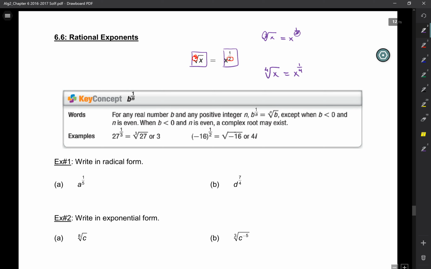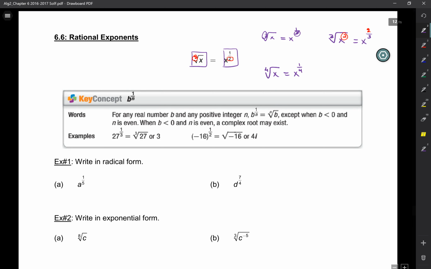Now, what if you had another power? So what if you had the cube root of x squared? Now, it's x to the power of something over something. Now, what's the denominator going to be? 3. And this power, it becomes the numerator. All right?